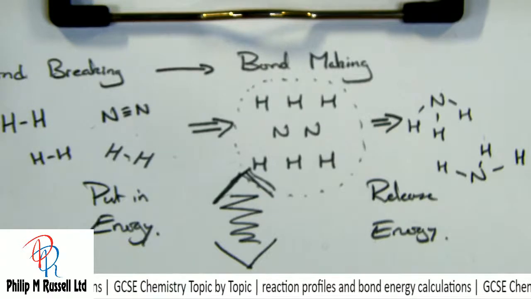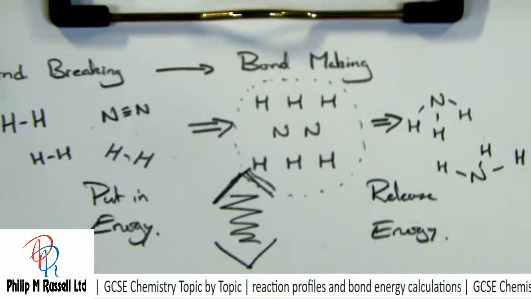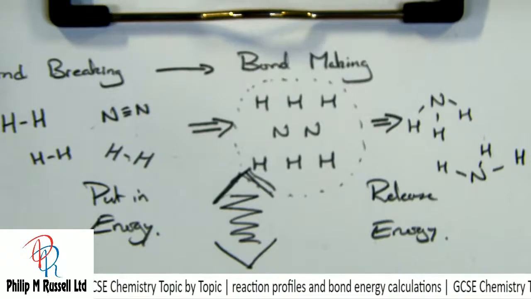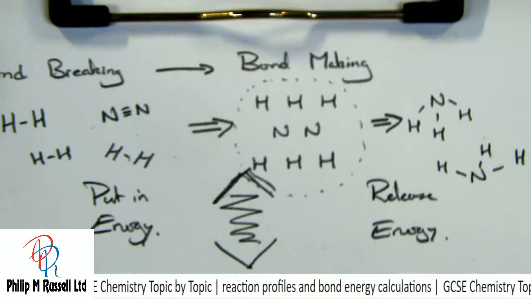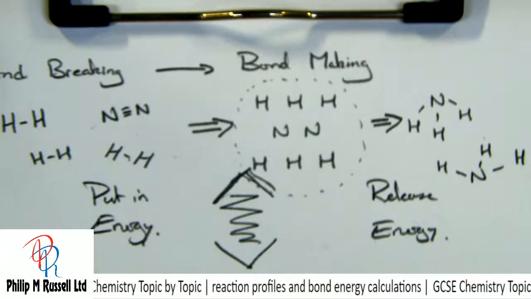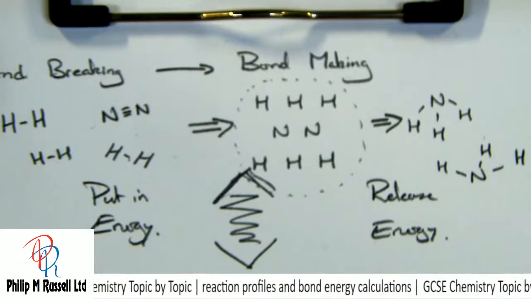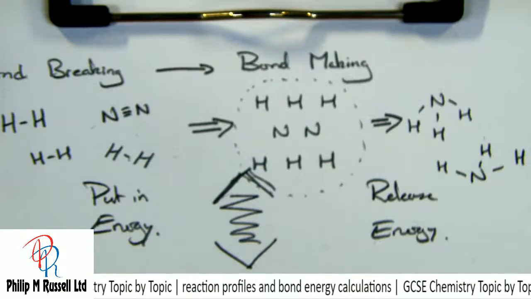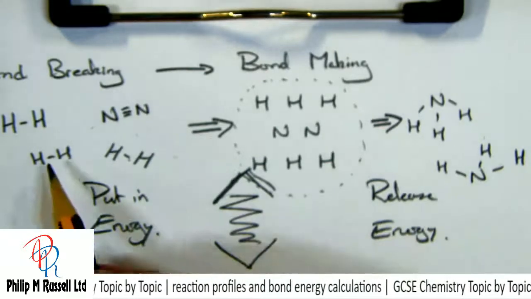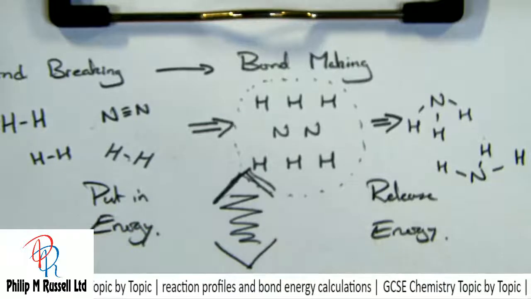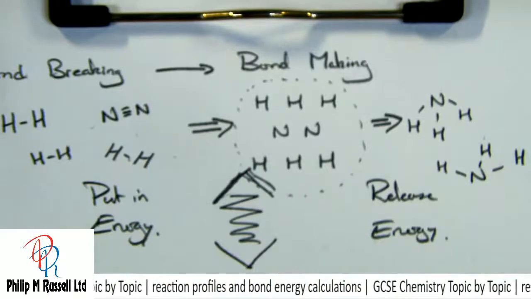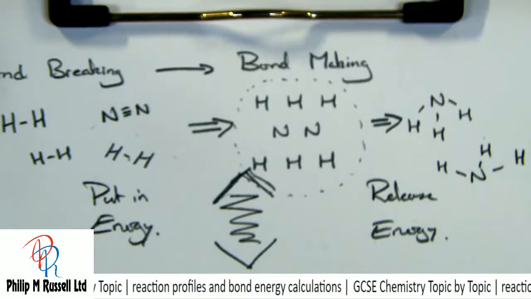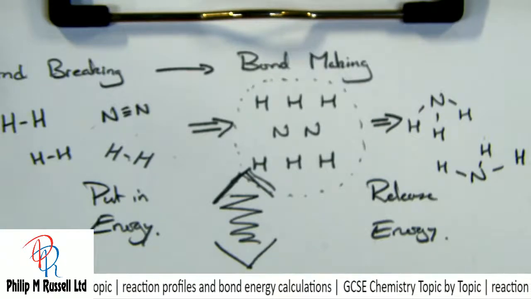However, trying to compare the energy required to break the bonds with the energy released when the bonds form gives us a good idea about this overall energy change. And you can look at various figures for these things and you can decide whether this is going to be an endothermic or an exothermic reaction.